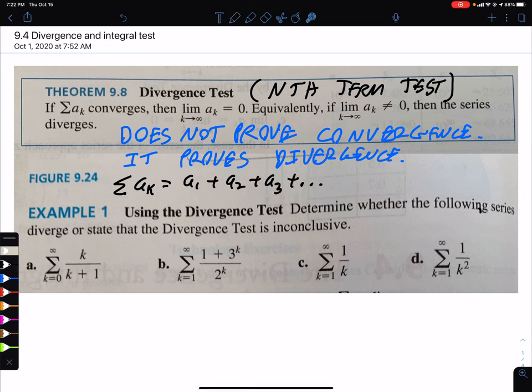If these terms aren't zero and you keep adding them forever, it's just going to get bigger and bigger and bigger, without bound. The only possible way that these would approach a number is if the terms get smaller and smaller and do approach zero. So think of it that way.